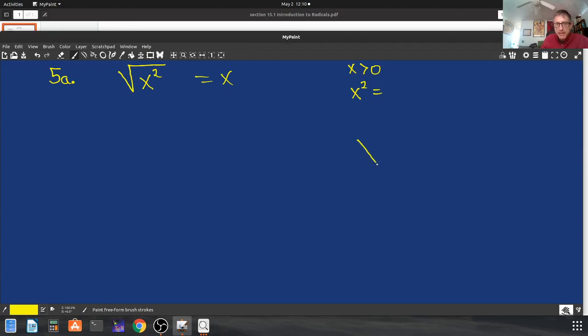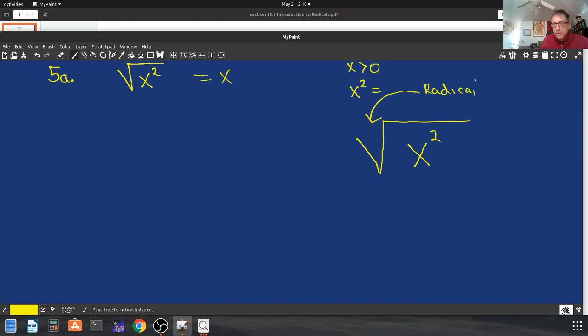So let me show you what we're doing here. I'm going to give you an indication. We're not talking about it here, but this radical, the symbol I've drawn, is called a radical. In particular, we don't call it the radical too much.